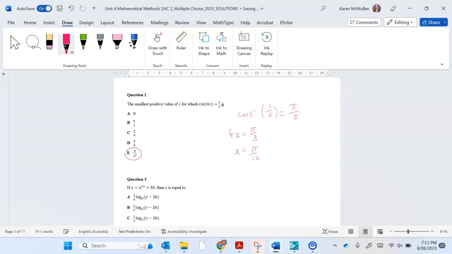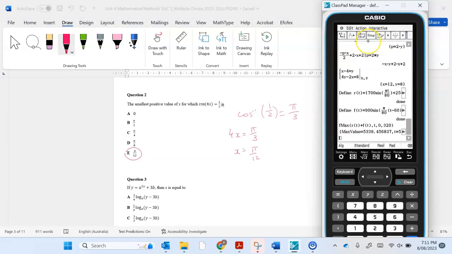So this is something you could also do on your calculator. How would you do this on your calculator? Let me just show you, because I'm thinking as I'm doing it. Where's my calculator gone? There you are. Alright, so you could just do solve. Let me clear all that other stuff. Clear all.